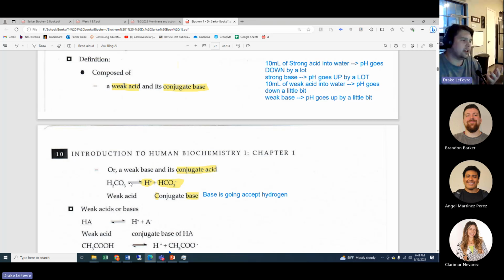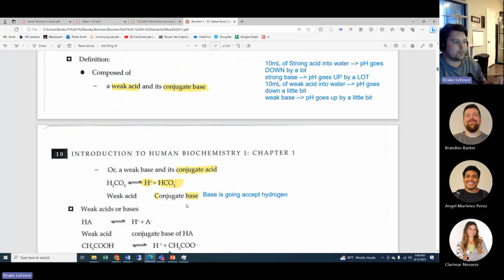And you have to understand what the definition of an acid is, that it's a proton donator. It's going to donate protons. So when you put an acid into water, it gives away its protons and you get a free hydrogen, and what's left is called its conjugate base.